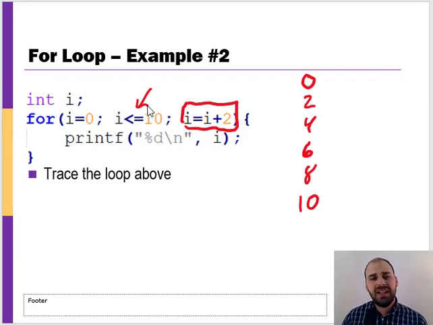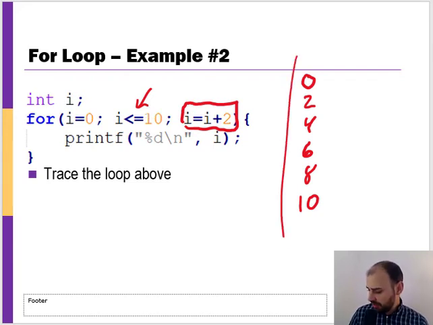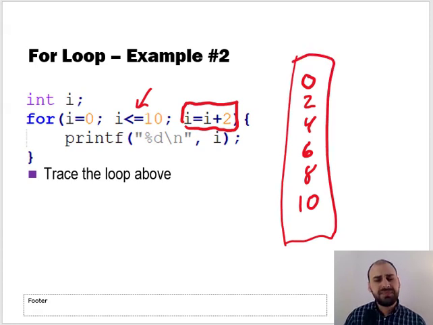This is what we're going to get as a result. And I also want to point out again, if I said, what is the value of I after this runs? In this case, the value of I is 12. Because the condition fails when we ask, is 12 less than or equal to 10?